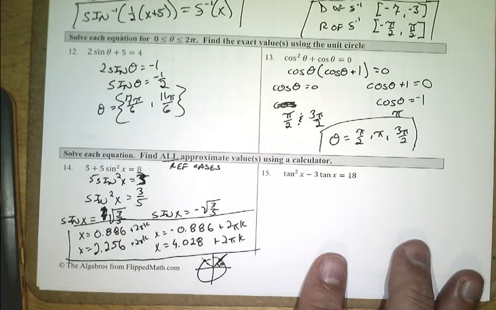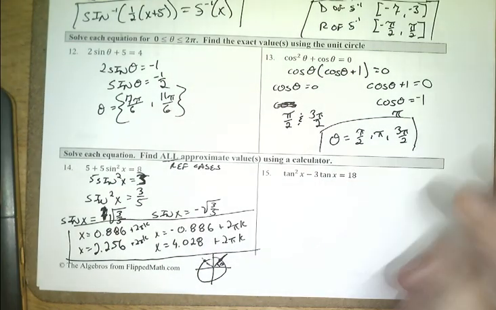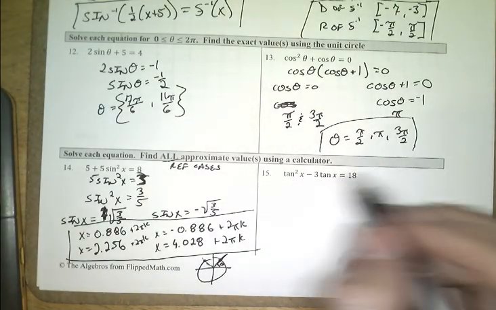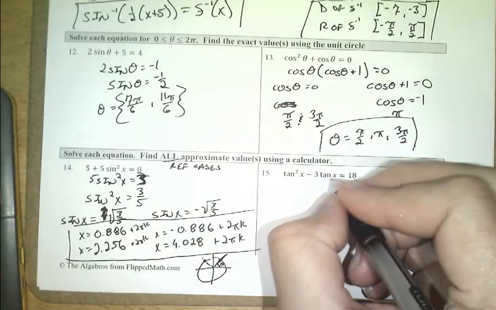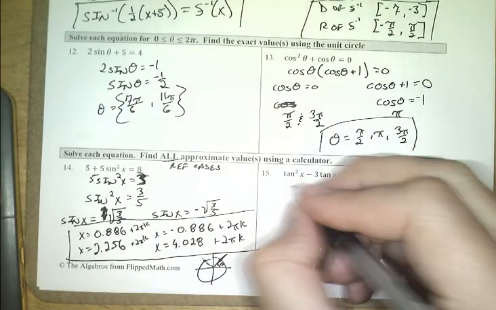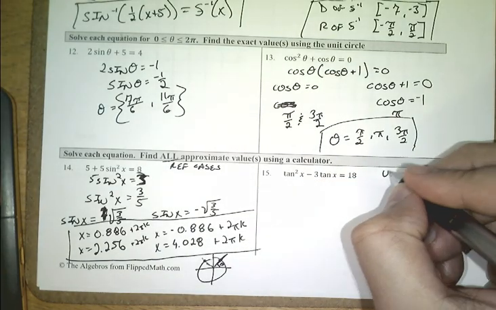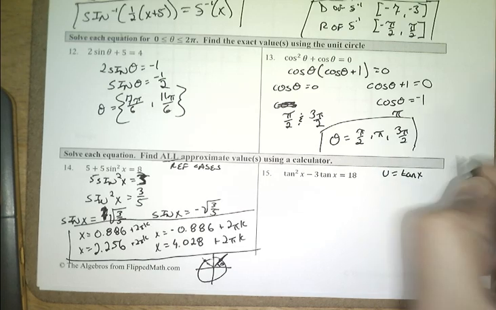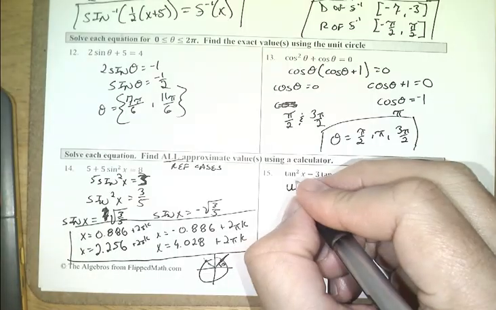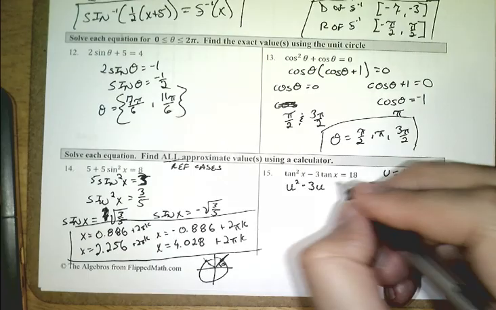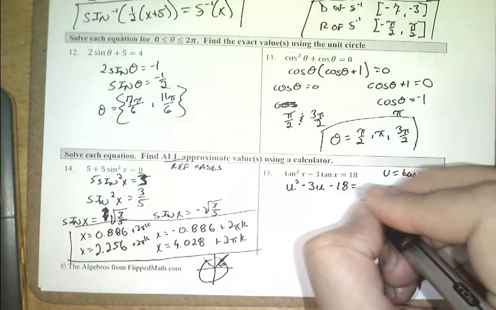So tangent. When is tangent squared x minus 3 tangent of x equal to 18? So here we have another quadratic. So let's move the 18 over. Well, let's do u substitution here. Let's let u equals tangent of x. So that gives us u squared minus 3u minus 18 equals 0.